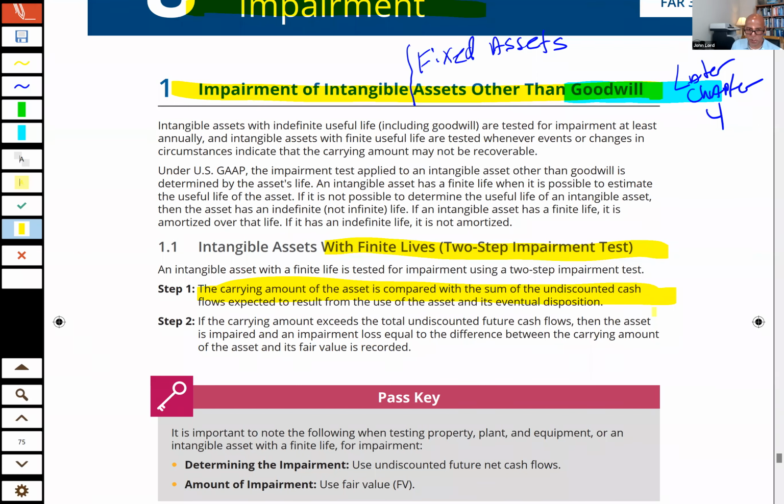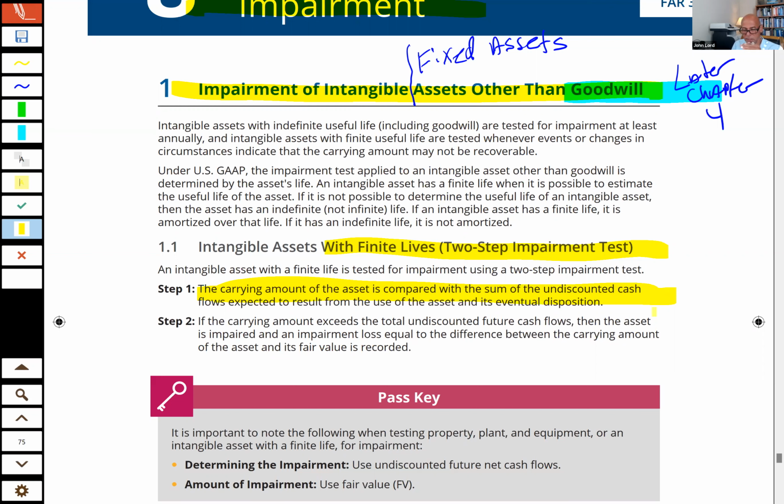Let's say we determine we're going to make $1 a year for 1 million years. Then we'll say, hey, this asset's going to generate $1 million of cash flows, undiscounted. You compare that to the carrying amount of the asset. Now, if the future undiscounted cash flows are more than that carrying amount, we stop. We do not have to do any impairment calculation.